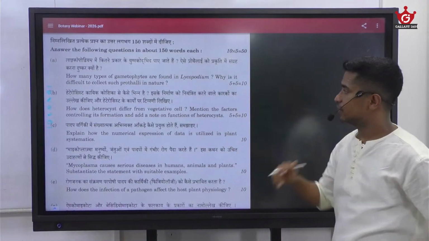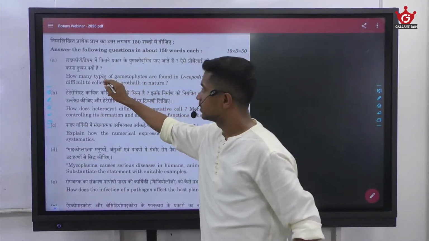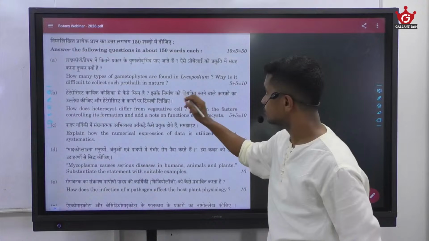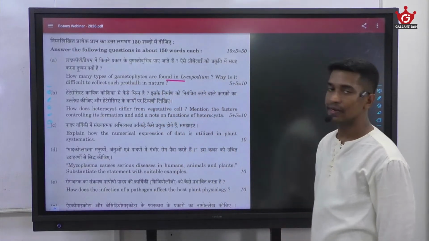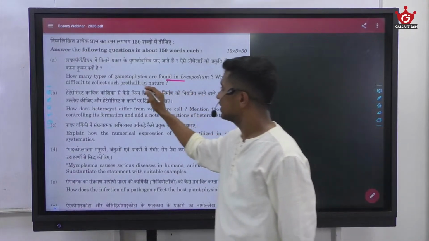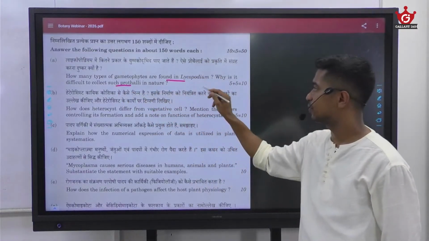This is the first question: how many types of gametophytes are found in Lycopodium? What is the difficulty to collect such prothalli in nature?